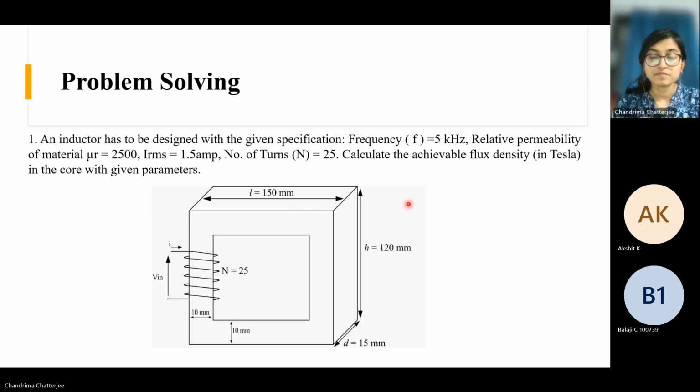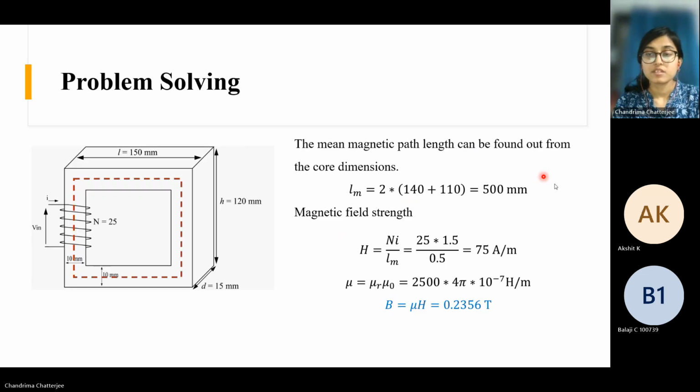Let's see. So first of all, here the dimensions are given. So you can find out the magnetic path length, the mean path length. Okay, you will have to find the mean path length.